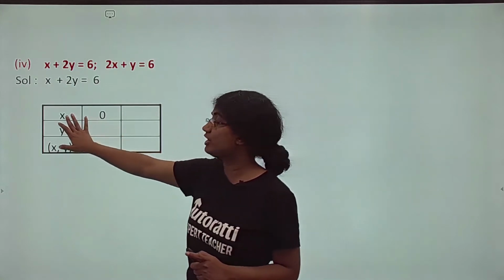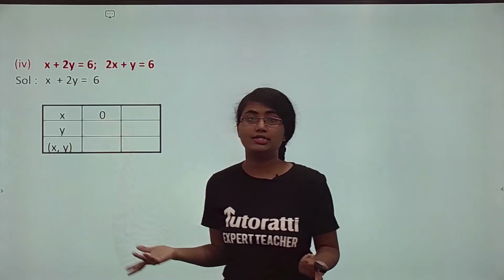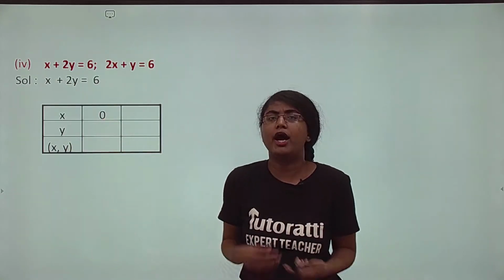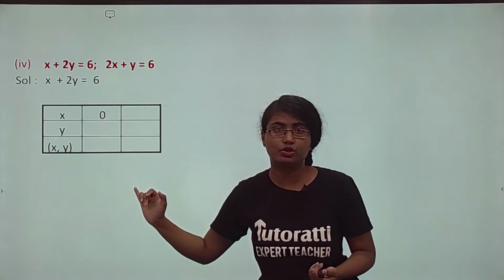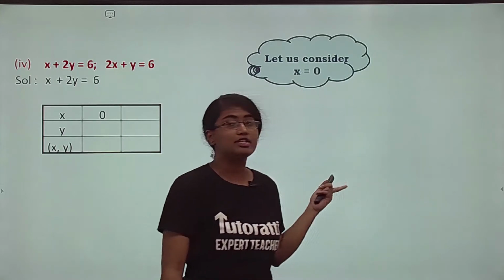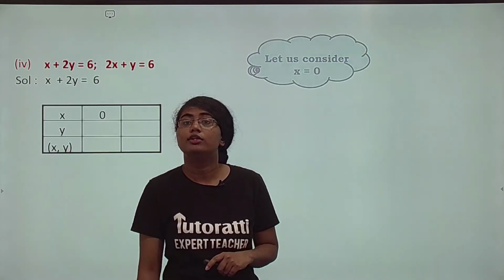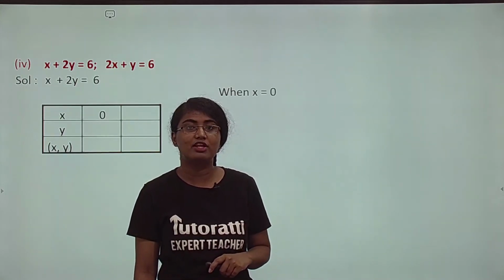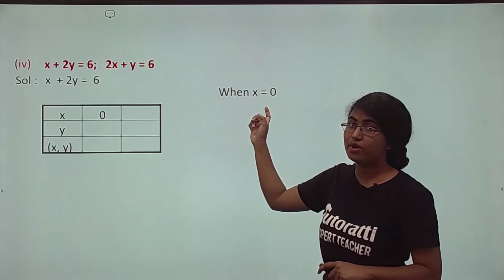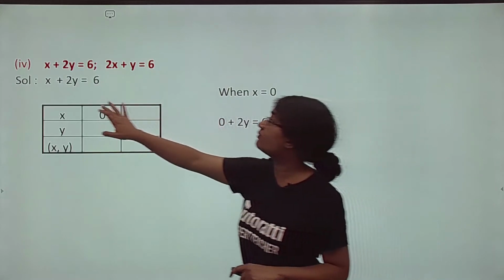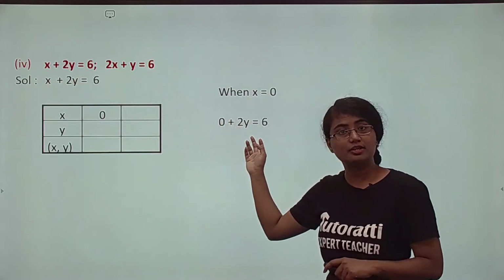I considered the value of x as 0. Where did it come from? It came from my own choice. I just randomly picked a number. So the first value that I picked for x is 0. Then what is the value of y? Coming back to the equation, when x is equal to 0, the equation becomes 0 plus 2y is equal to 6.